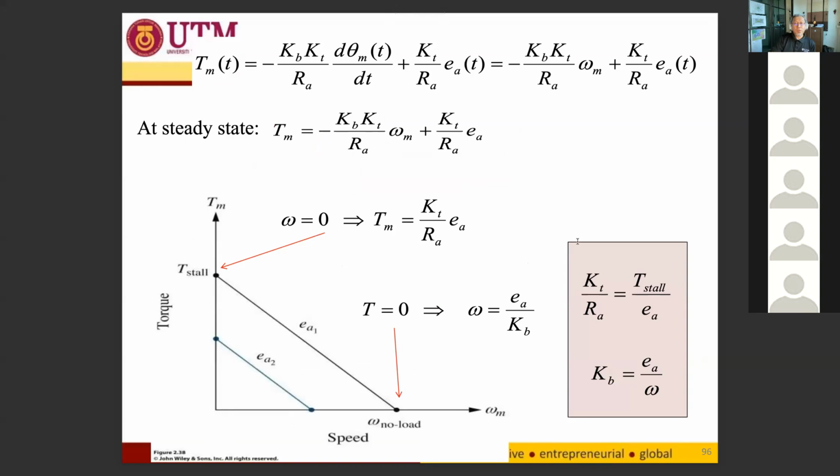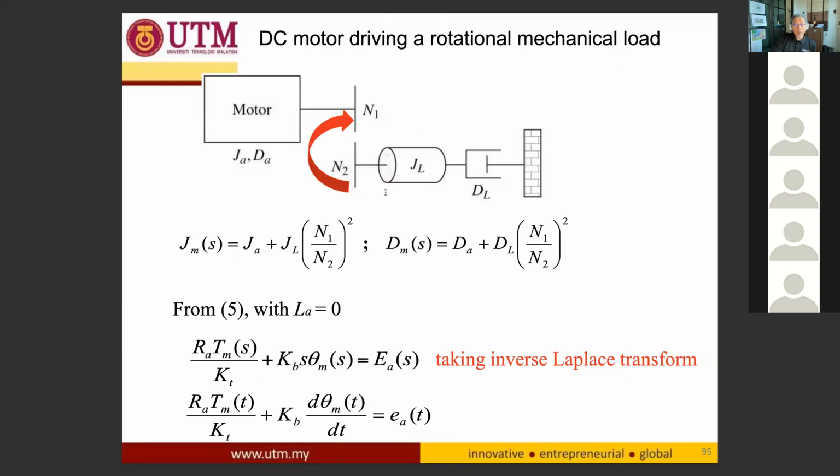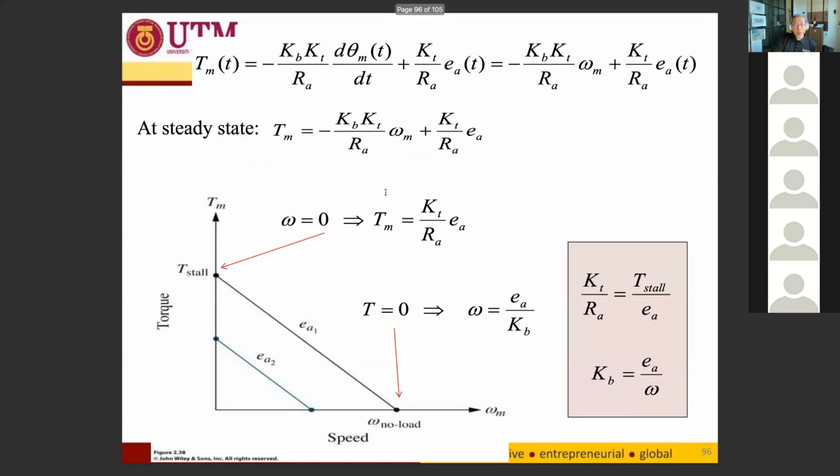So we continue. The equations that we obtained just now, we simplify the equations for Tm, so we derive Tm. We got these equations, which is minus Kb Kt over Ra multiplied by omega m plus Kt over Ra Ea.